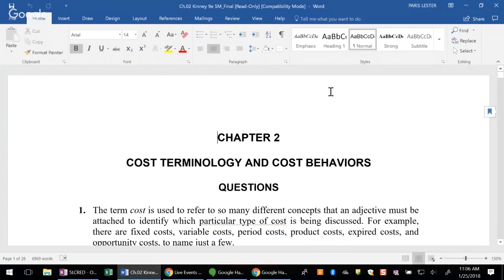Service. Any of the 3. Prepaid rent can be service, manufacturing, or retailing. How about audit fee expense, Robert? It could be all 3. All 3 companies could be audited, internal or external.